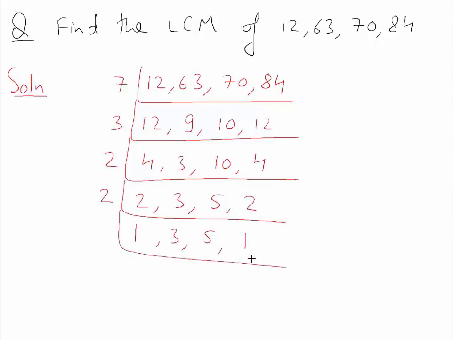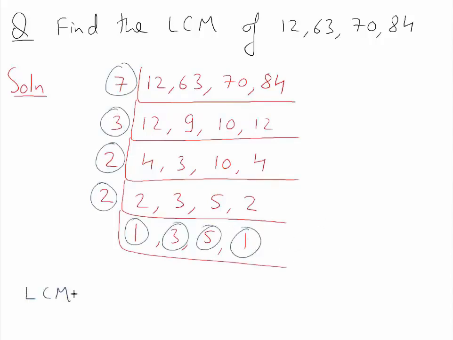Now we can multiply these numbers to get the final answer. So LCM will be equals to 7 multiplied by 3 multiplied by 2 multiplied by 2 multiplied by 3 multiplied by 5, which will be 1260.